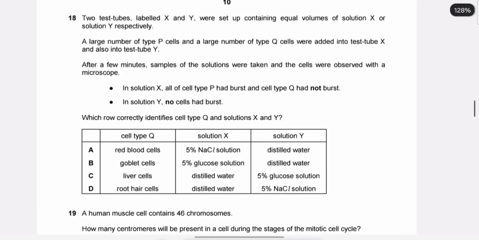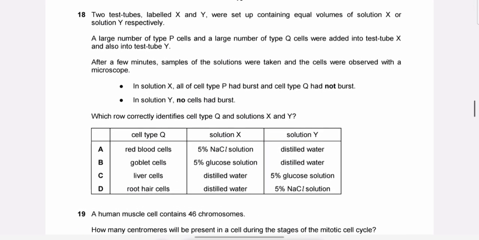And for number 18, says 2 test tubes labeled X and Y with setup containing equal volumes of solution X and solution Y respectively. A large number of type P cells and a large number of type Q cells were added into test tube X and also into test tube Y. Then it says, after a few minutes, samples of the solutions were taken and the cells were observed with a microscope.